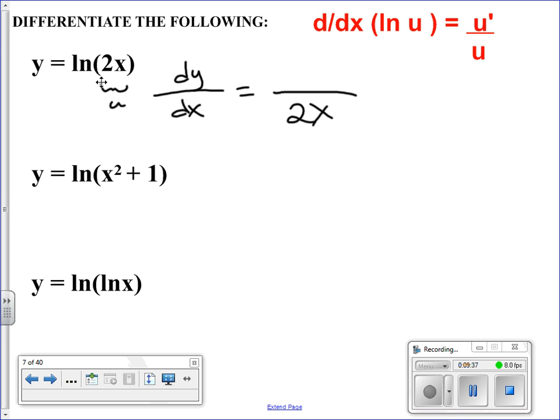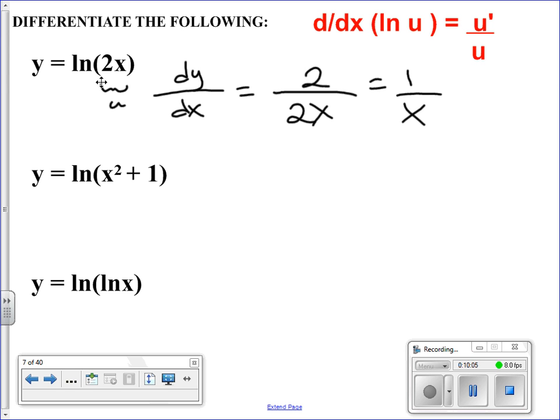And whatever it is, put that in the numerator. So what does the denominator say when you ask it what's its derivative? 2, so that goes up there. And the 2's cancel. So we get 1 over x. That happens whenever you take the derivative of the ln of a constant times x. It's just for that case.